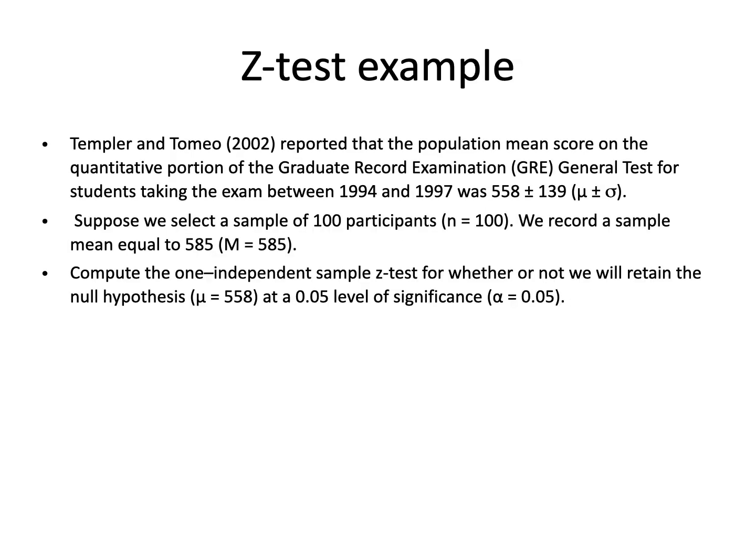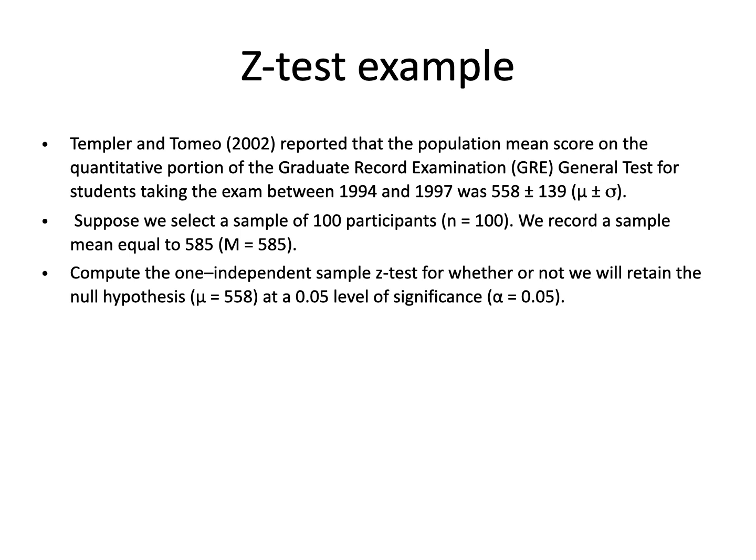Now let's go for an example. Templer and Tempio in 2002 reported that the population mean score on the quantitative portion of the GRE, the Graduate Record Examination general test, for the students taking the exam between 1994 and 1997 was 558 plus or minus 139, meaning the average score was 558 with a standard deviation of 139.